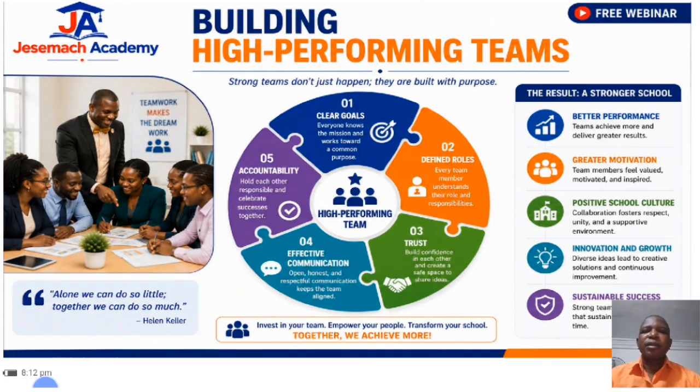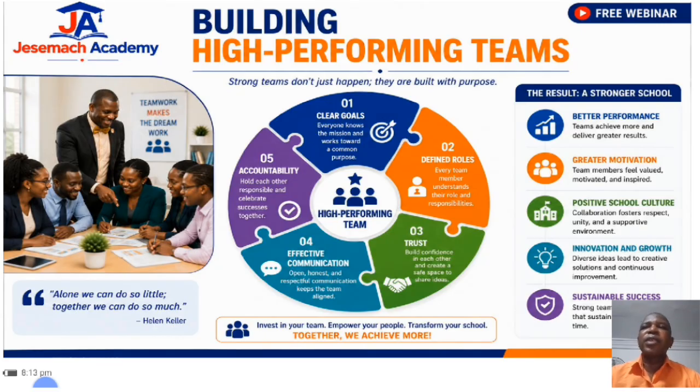All right. Number four, effective communication, which I have spoken about in the previous slide. Communicate clearly to them. Then lastly, accountability, very key. Hold each other responsible. Always make sure that tasks are achieved in your team.